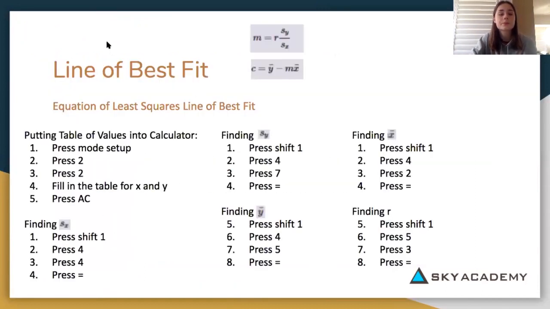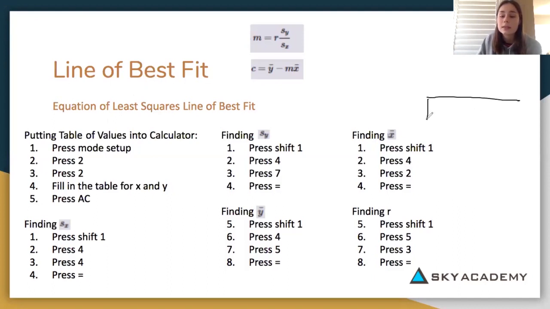Here we go. So as you can see up the top, here we have the two different equations to get m and c. And we have here all the different values that we need to find. So firstly, you'll be given a table of values.